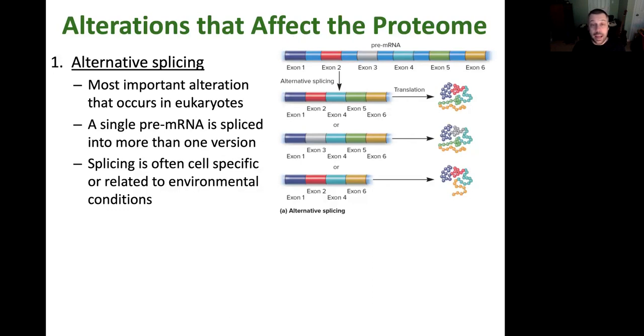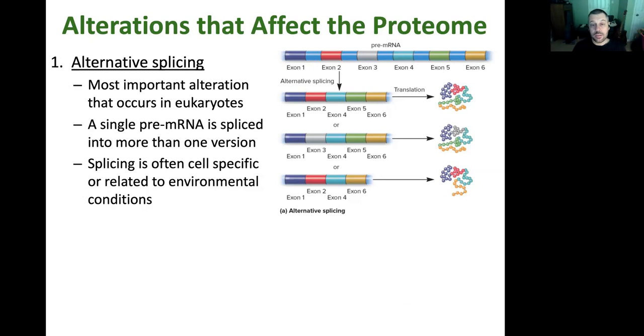Alternative splicing is one way. You should have learned about this in cell bio, but essentially, in higher organisms, in eukaryotes, genes are split into introns and exons, the exons being the part that codes for the protein. And splicing occurs after transcription to splice out the introns and leave you with just the exons.